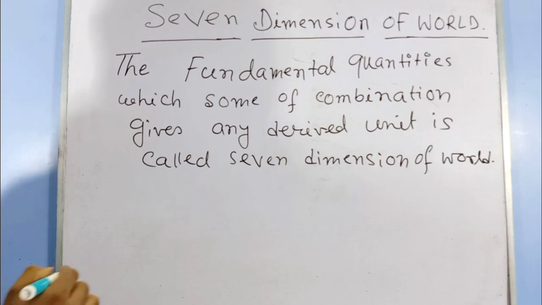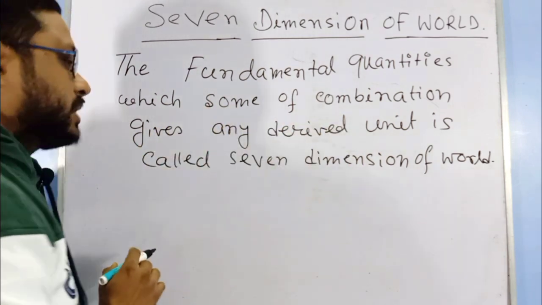The fundamental quantities whose combination gives any derived unit is called the 7 dimensions of the world.